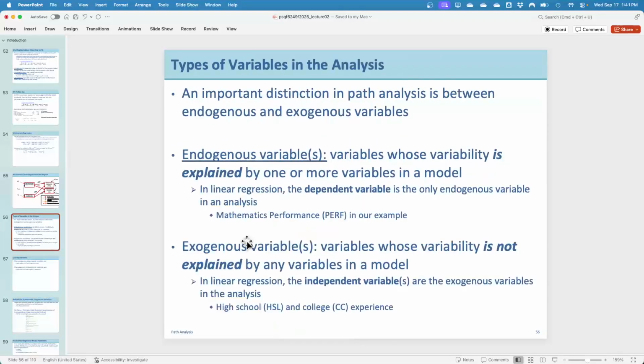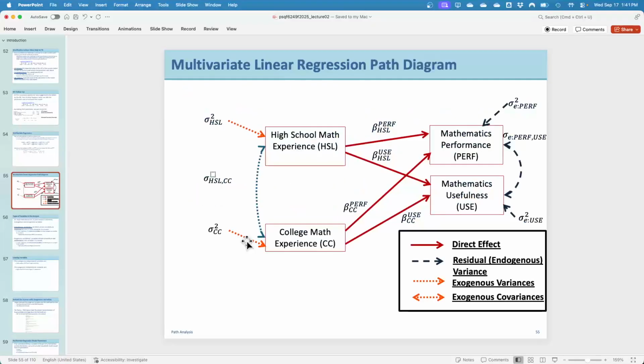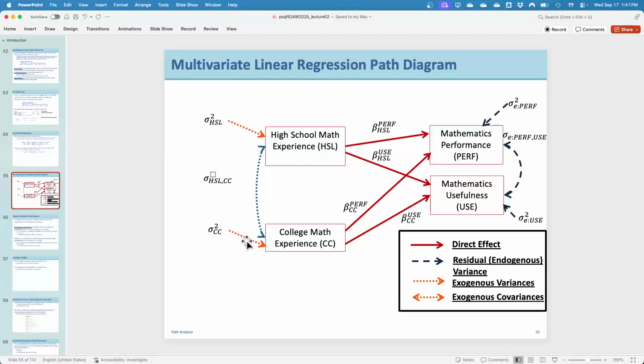When we look at these models, what we're implying is that performance and usefulness follow a bivariate normal distribution. Lavaan and many of these structural equation modeling packages, almost from tradition, take these and say, that two-dimensional multivariate normal, let's make it four. Let's put both of those in the likelihood itself.